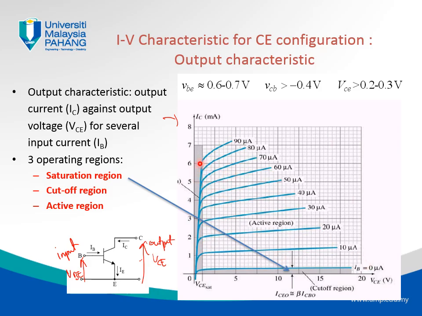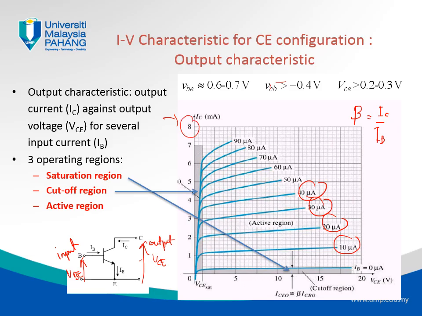the relation is the gain of amplification, beta, right? Let me write it to remind you. The relation between IB and IC is beta, where beta is IC over IB. It can be seen here that the values of IB are very small, in the order of microamperes, but IC is in the order of milliamperes.